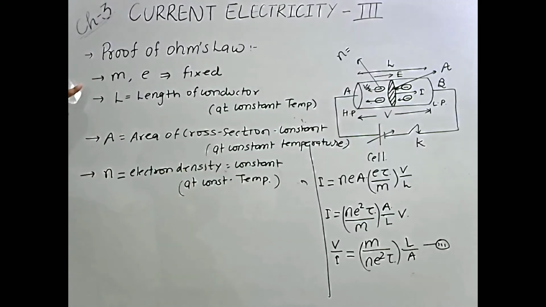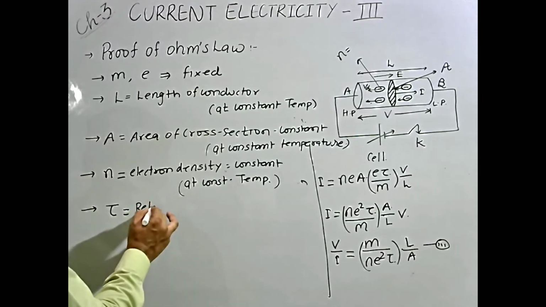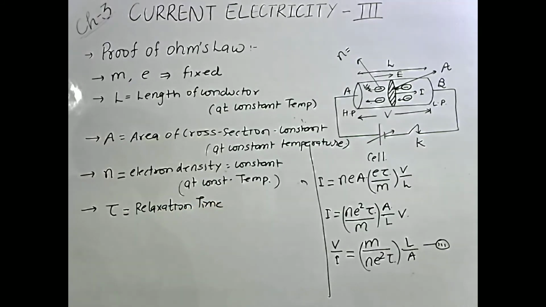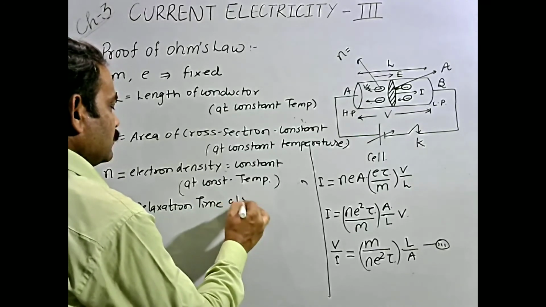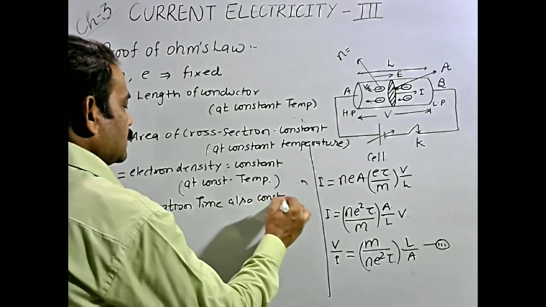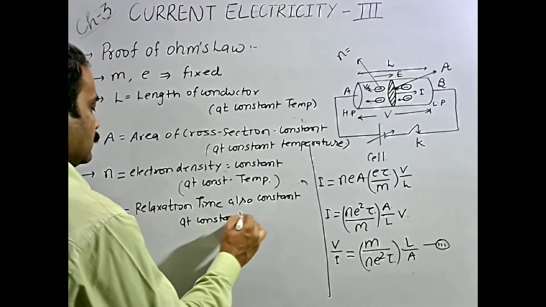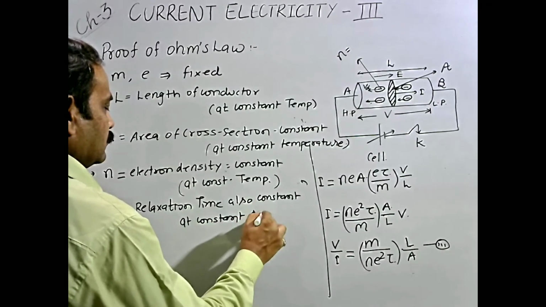So it is clear that in this expression, length, area of cross section and electron density all remain fixed at fixed temperature, and tau is the relaxation time, which is also constant at constant temperature.